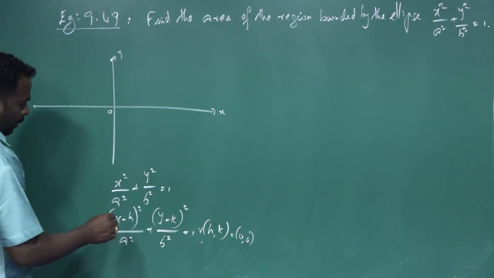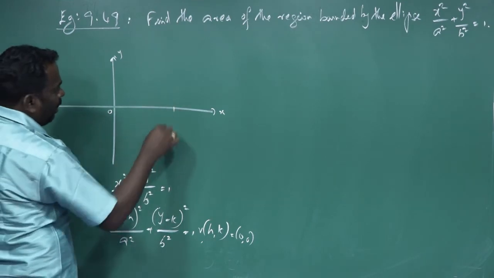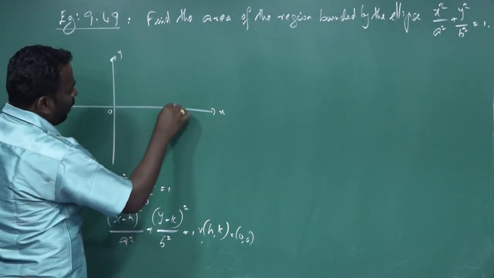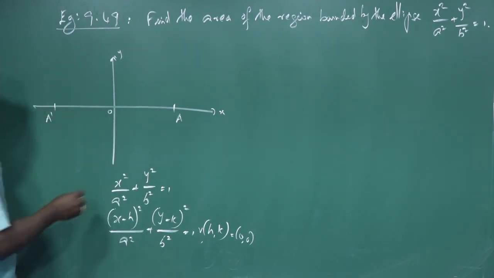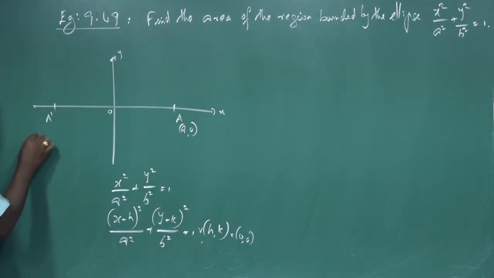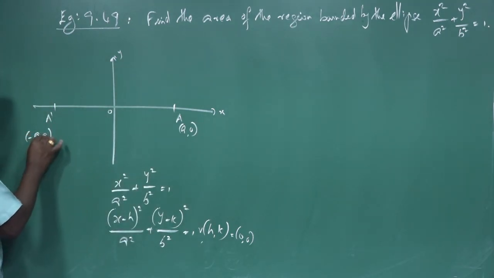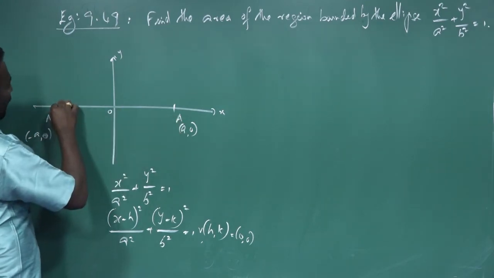For this, the ellipse is about the x-axis. The vertices are passing through a and a dash. The point a is (a, 0), and a dash is the point (minus a, 0), and passing through a and a dash we obtain the ellipse curve.